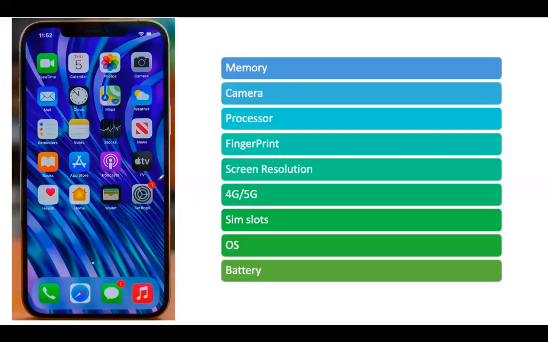A lot of features are there in a smartphone. You will be confused with these features: what should be the memory, camera, its resolution, processor, whether a fingerprint scanner should be there or not, screen resolution, 4G or 5G technology, how many SIM slots, Android or iOS, and what the battery capacity should be.